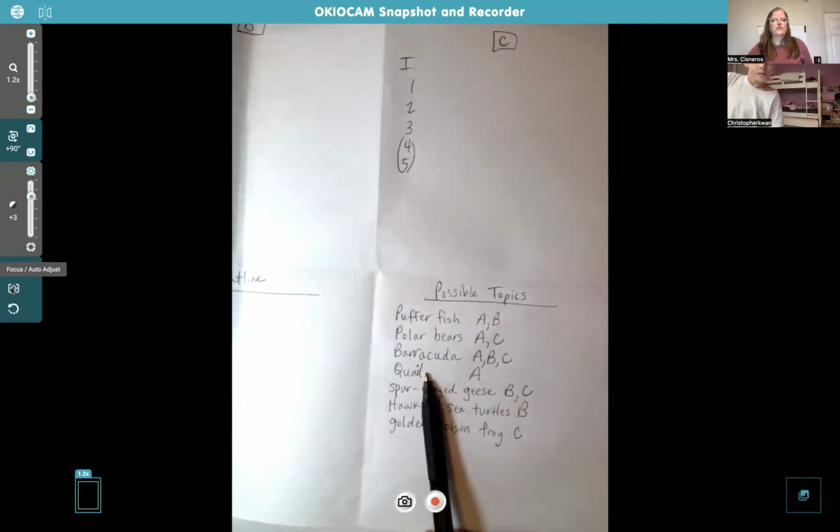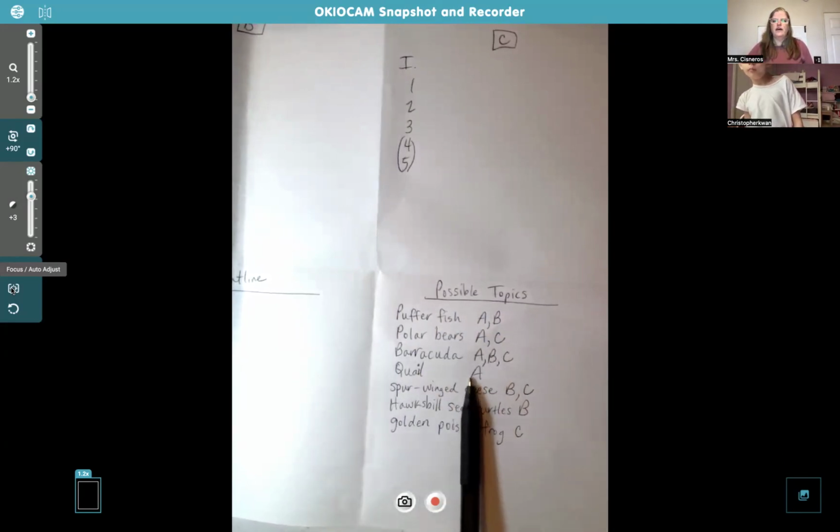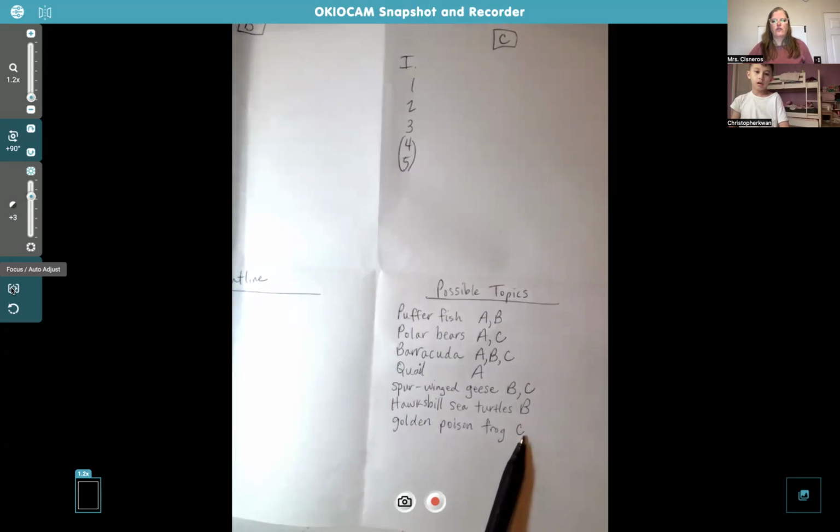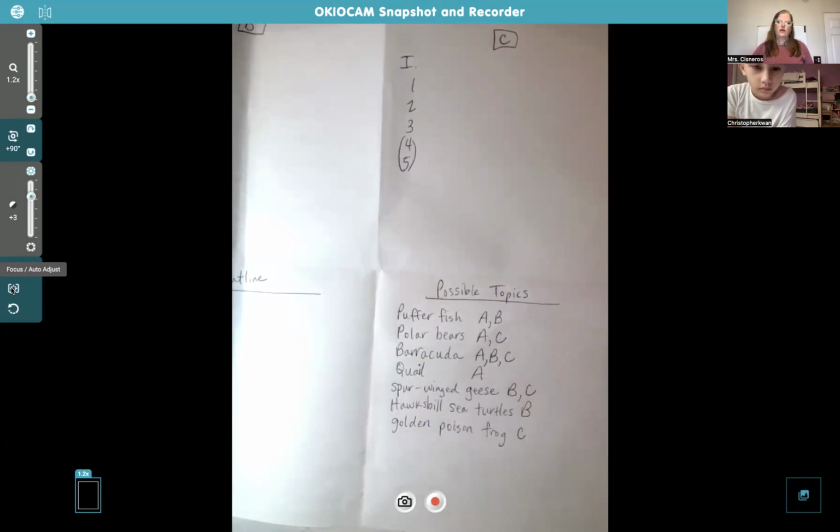If you choose quail, that one only has one source. So I would combine quail and golden poison frog into one paragraph, or hawksbill sea turtles. You can combine those into one paragraph. Okay. You got to have at least two sources for your paragraph.